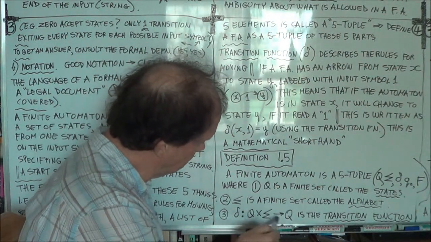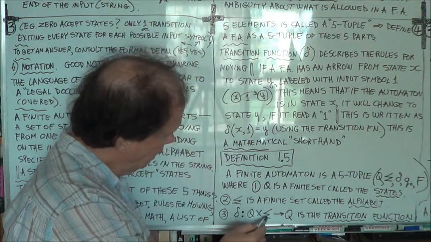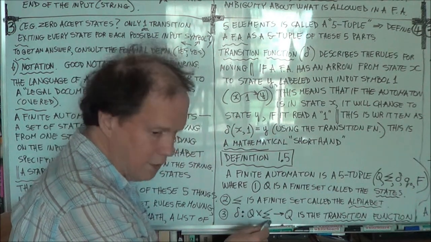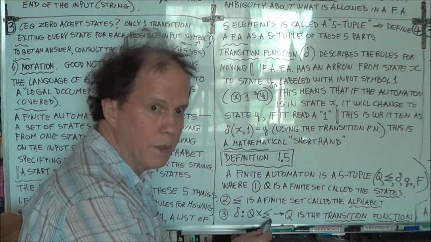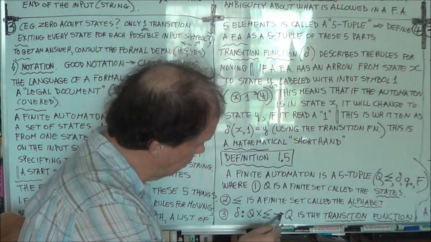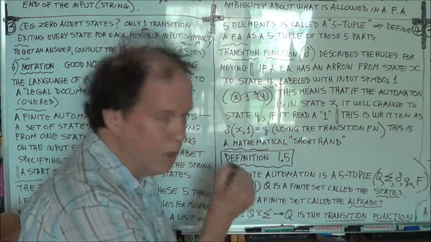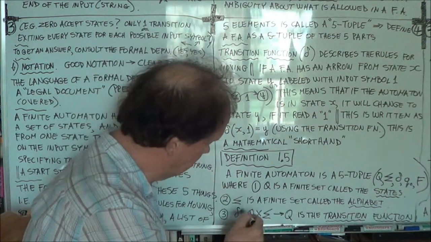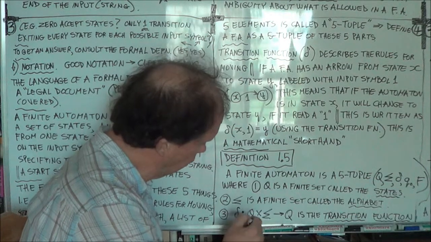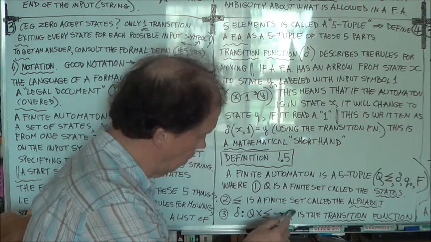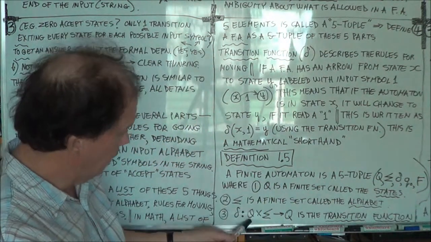The from set to the to set. So it maps an element of the domain to an element in the range. And these are two sets, like the starting set, the from set, and the to set. Okay.